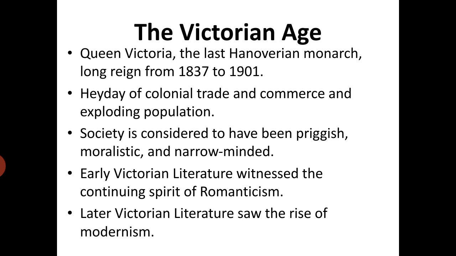English society is considered to have been priggish. It means self-righteous, moralistic, and narrow-minded. Early Victorian literature witnessed the continuing spirit of Romanticism, whereas later Victorian literature saw the rise of modernism.